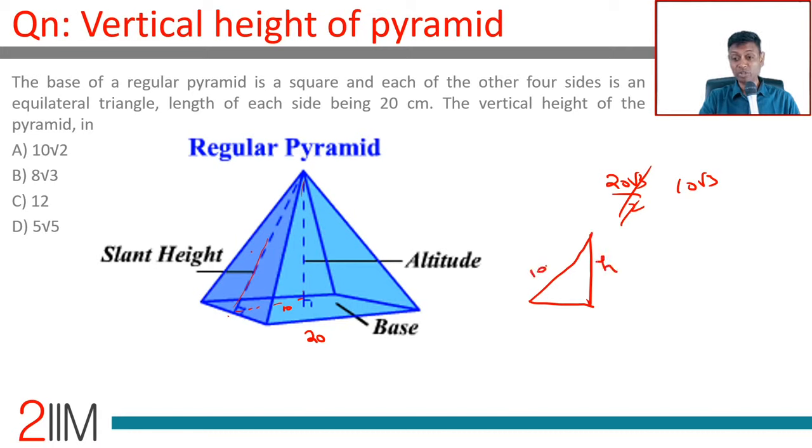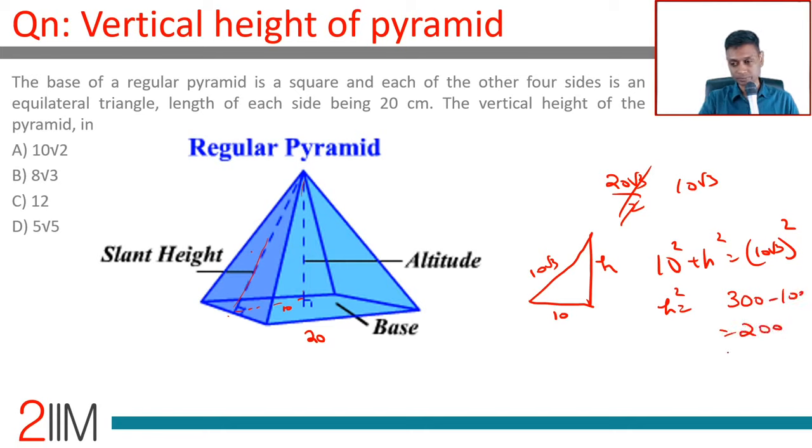The hypotenuse is 10 root 3 and the third side is 10. 10 square plus h square is 10 root 3 the whole square, or h square is 300 minus 100, which is 200, or h is 10 root 2.